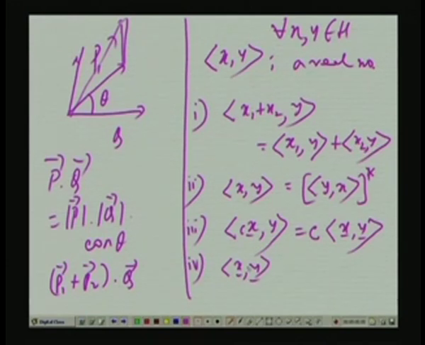Similarly, here also the inner product with itself is real and greater than or equal to 0, and is 0 only if x is the 0 vector, because H, the vector space, has a 0 vector. So if x is a 0 vector, then only the inner product of this with itself will become 0, otherwise it is a real positive quantity. This should be satisfied. Okay.